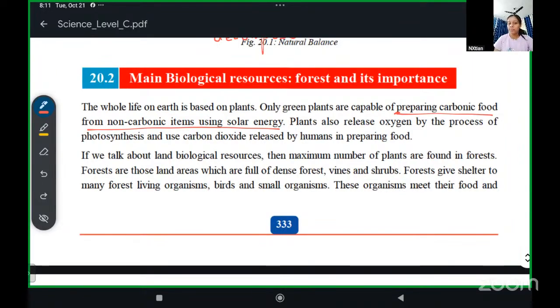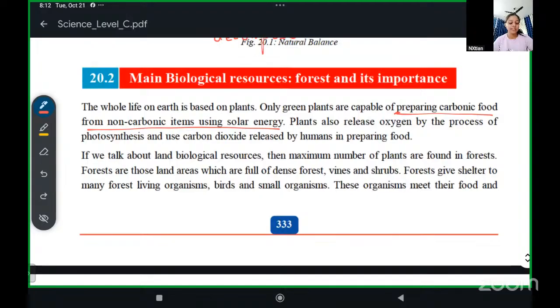Do you remember we studied the classification of plants into shrubs, vines, and long trees? All that is found in forests.